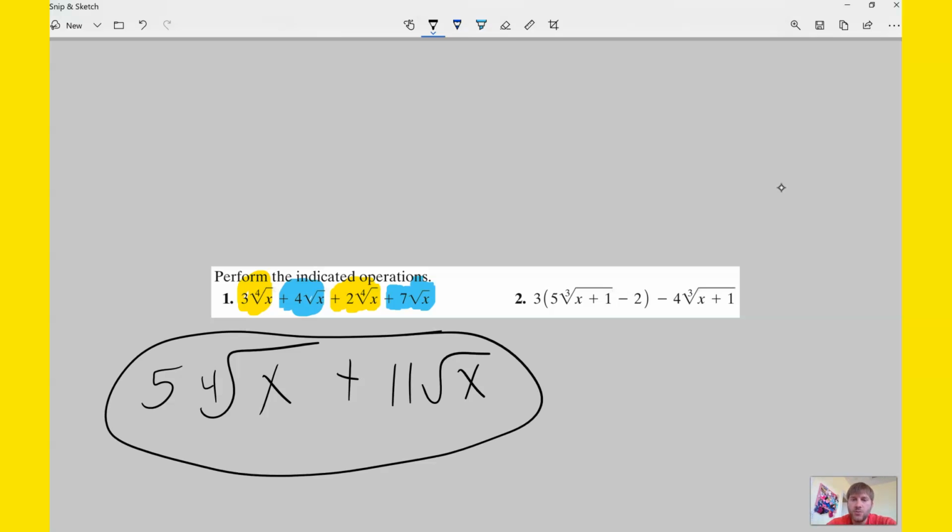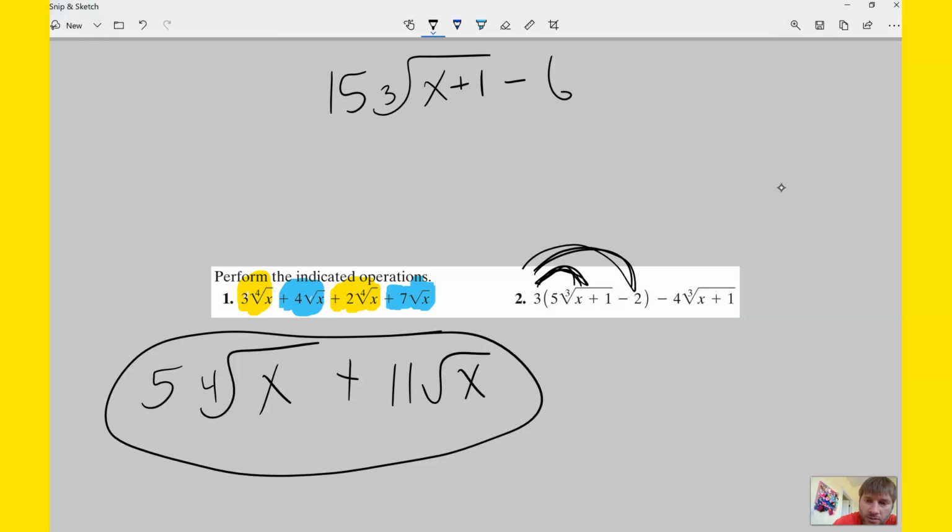All right, on number 2, I am going to distribute the 3 first, because that's the distributive property going on. So that's going to be 15 cube root of x plus 1 when I distribute the 3 to that term. And it's going to be minus 6 when I distribute the 3 to that term. And then minus 4 cube root of x plus 1.